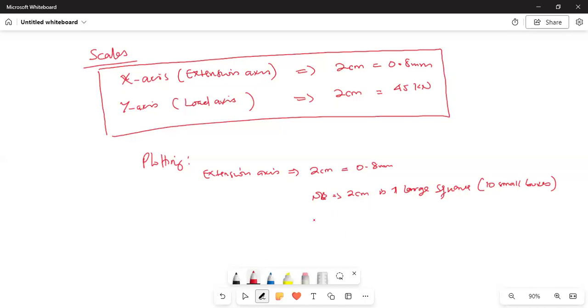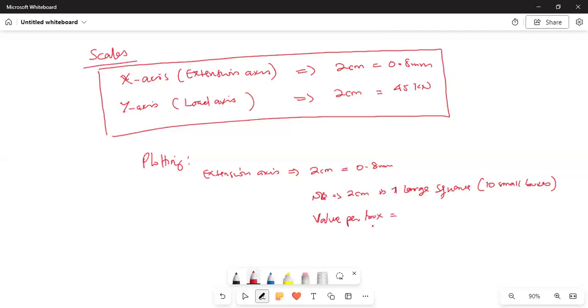So I will tell you to plot the graph with boxes rather than the numbers. So what do we do? Calculate the value per box.